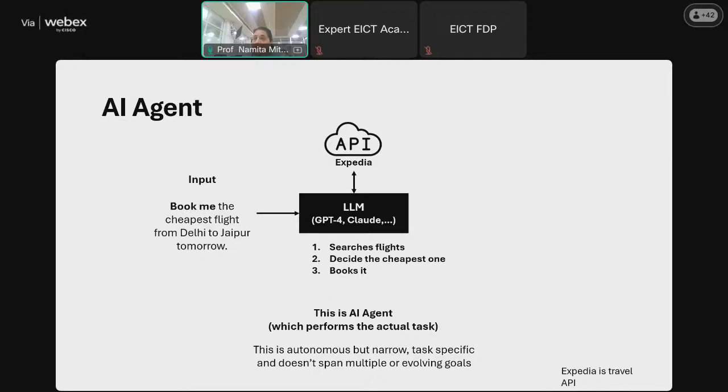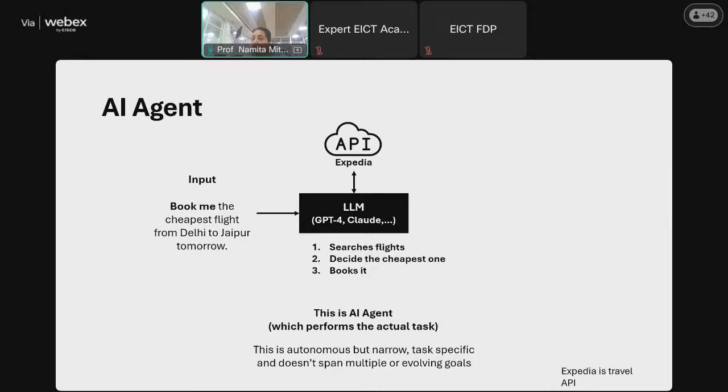So what LLM will do? Of course, API is also there to have the current information, today's information. First, it needs to search the flights because it's asking cheapest flight. Searches all the flights and then it has to mark the cheapest one. Decide the cheapest one and then books it.